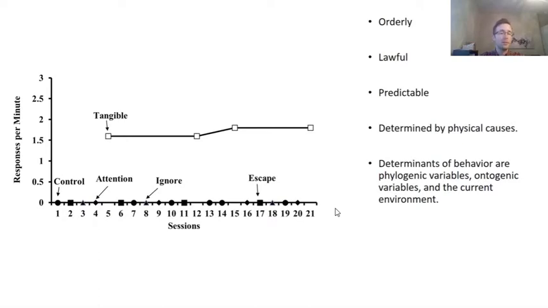So the ability to interact with the environment in a way that the tangible reinforcers can control your challenging behavior is actually an ability that was selected by natural selection. So the fact that this child could learn through interactions with the environment and consequences is of phylogenetic provenance.